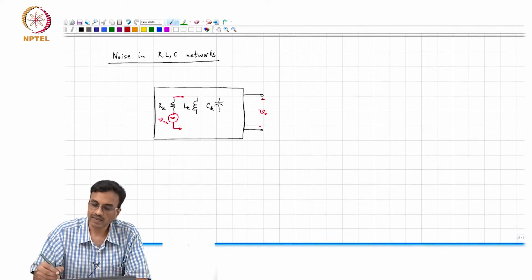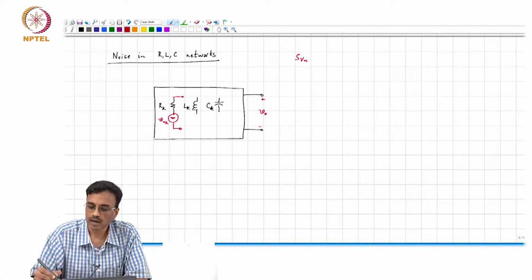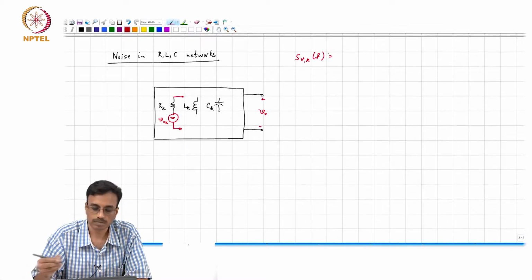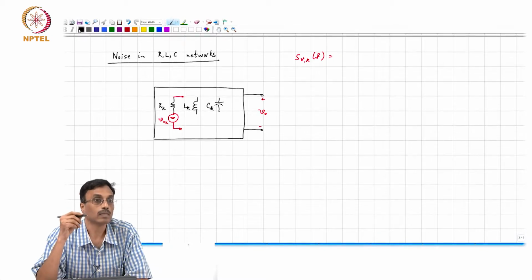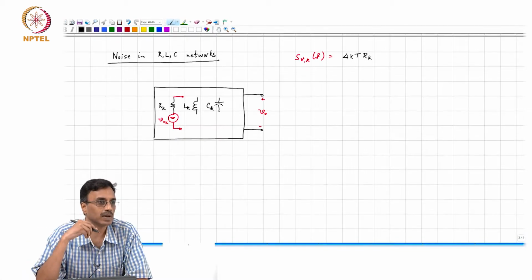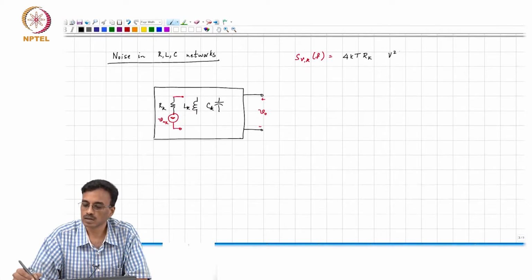So, what is S Vn? Let us call this S Vk of f. It is simply 4kT times R sub k, the units being volt square per hertz.